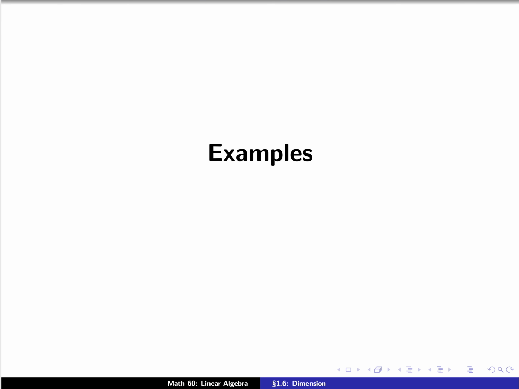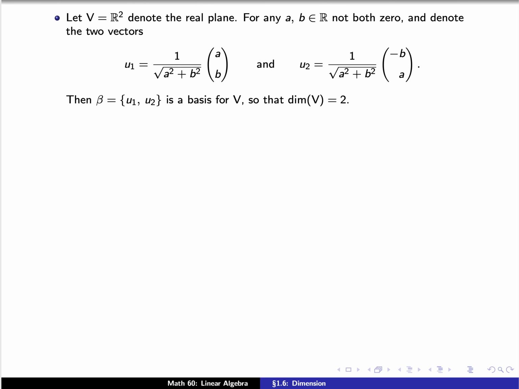Now let's try to end today's lesson by going over some examples where we have actually computed what the dimensions are. Let's go back to the example of R2, namely the real plane. If a and b are not both 0, then recall that we can define these vectors u sub 1 and u sub 2 that form a basis for V. In fact, notice that because a and b are pretty much arbitrary, there are infinitely many bases for V. So it's not fair to say there is the basis, there could just be a basis.